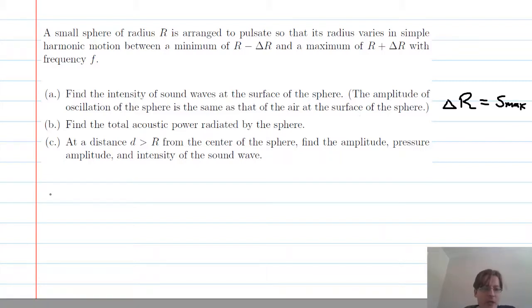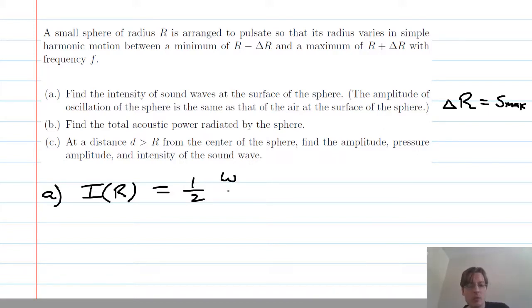Okay, so first question is, find the intensity of the sound waves at the surface, at radius r. Of course, it gets quieter as you go out. So the intensity at the surface is 1/2 rho times v times omega S max quantity squared.